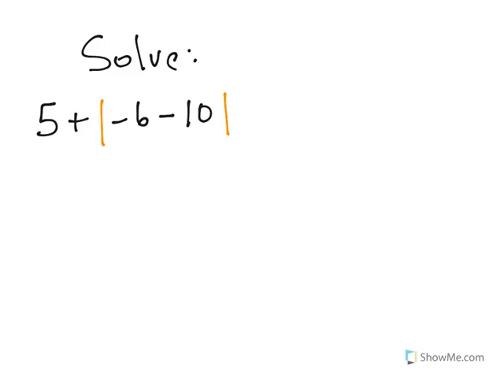Okay, I'll leave this problem up for you a second. Okay, so we have negative 6 minus 10, and since that's subtraction, I'm just going to do my work on the side. It helps me organize my thoughts. I'm going to use LCC. So we leave the negative 6, we change the minus to a plus, and then we change positive 10 to negative 10.